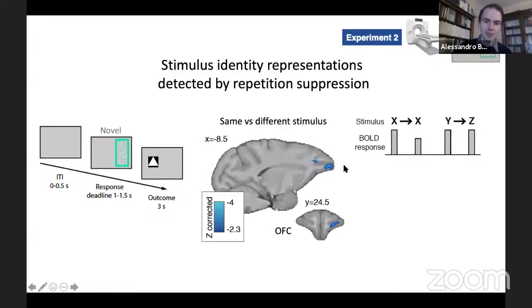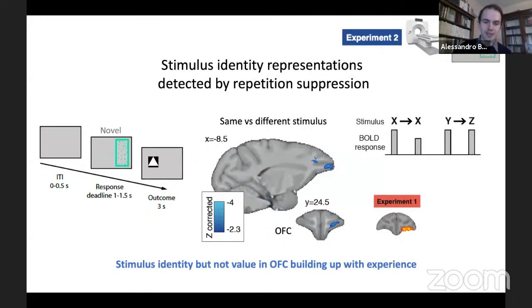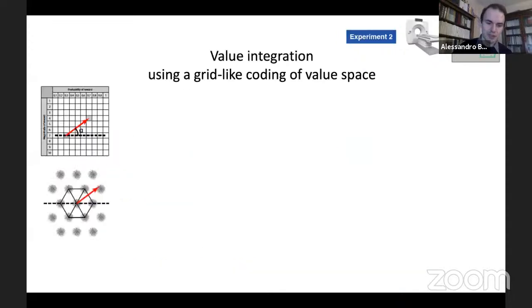And we see that when you present the same stimulus twice, you have an activation in orbitofrontal cortex again, which is similar to what we got before, a bit more anterior. And so we assume that this area encodes the identity of the options that are presented, but not the value independently of their identity.